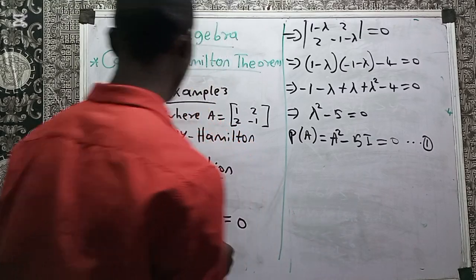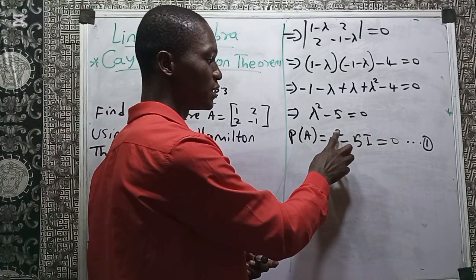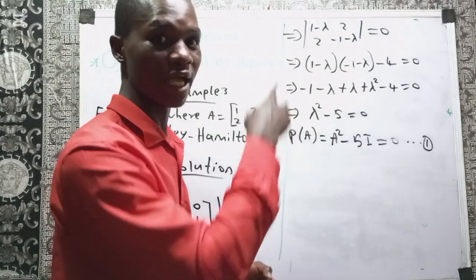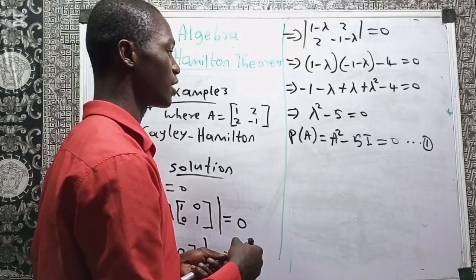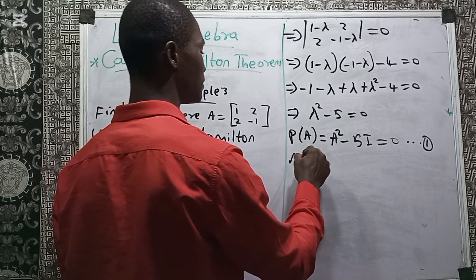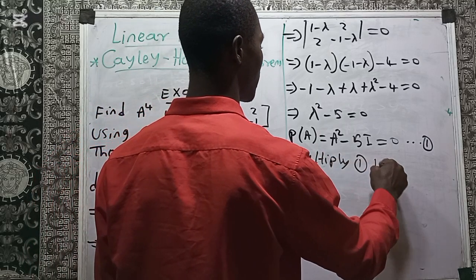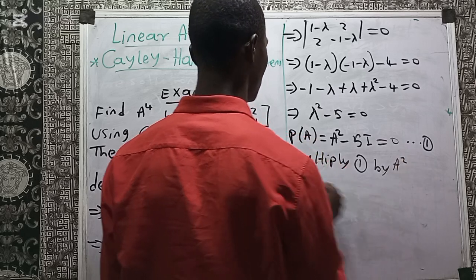So we need A raised to power 4. How do you do that? We know that if you multiply this A squared by another A squared, we have A power 4 appearing in the equation. So let's multiply equation 1 by A raised to power 2.